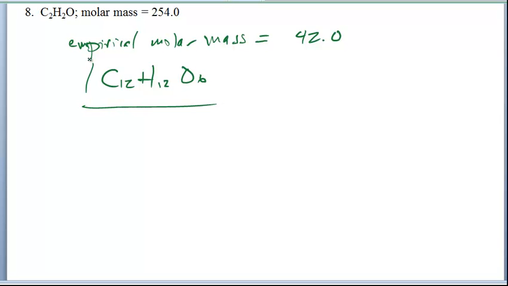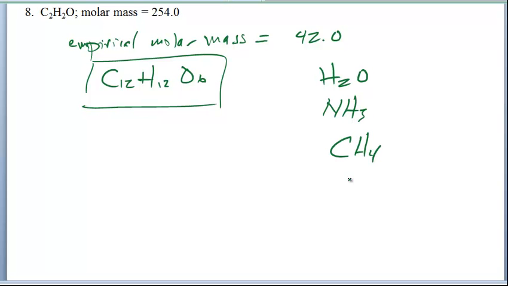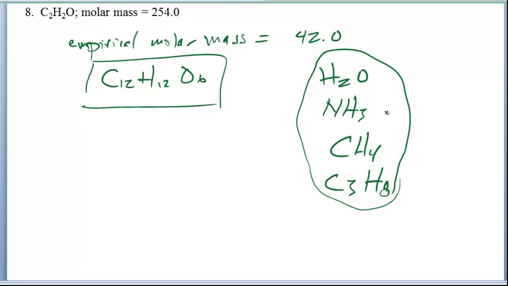And by the way, in class, all these months, whenever I say, what's the chemical formula of that compound? Like water is H2O, and ammonia is NH3, methane, CH4, propane, C3H8, and so on. These are all molecular formulas.